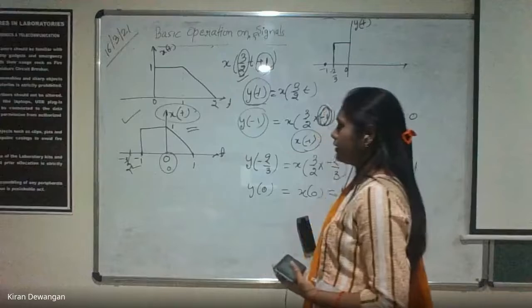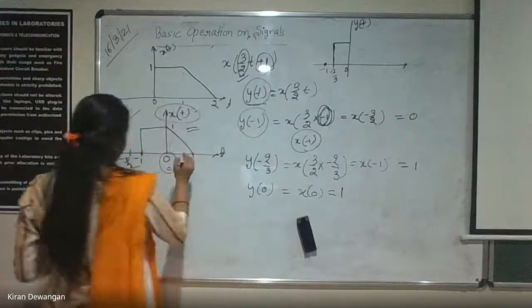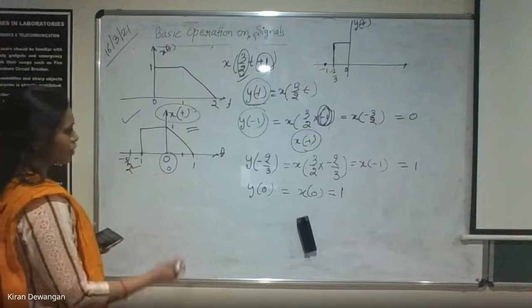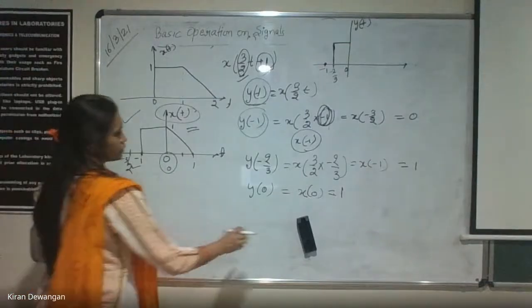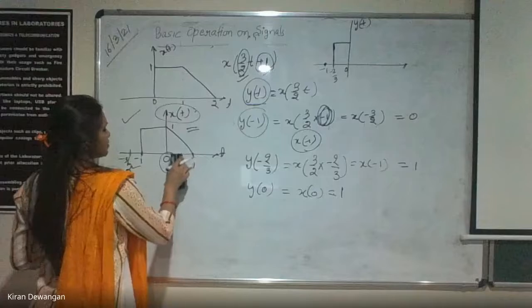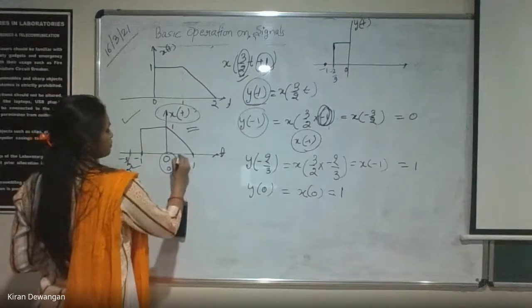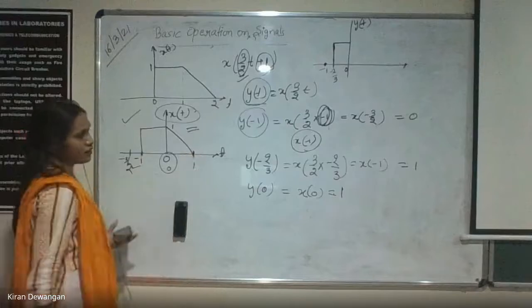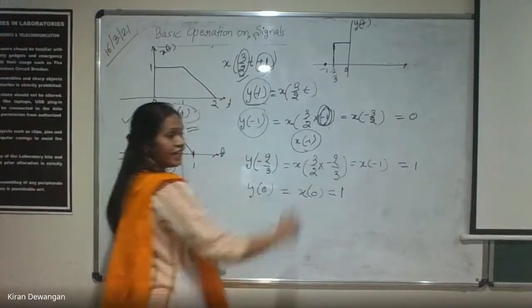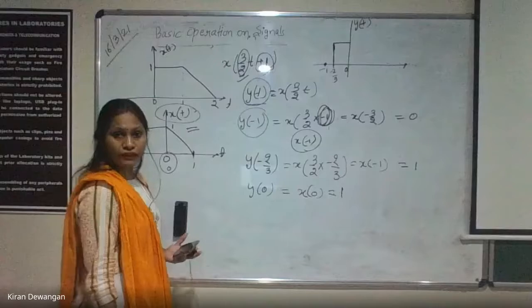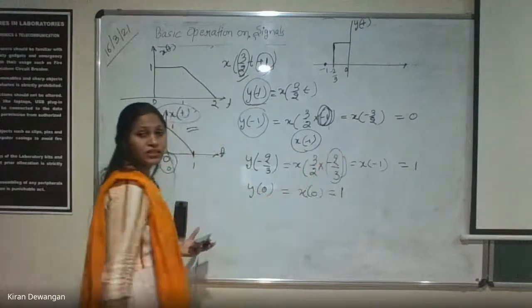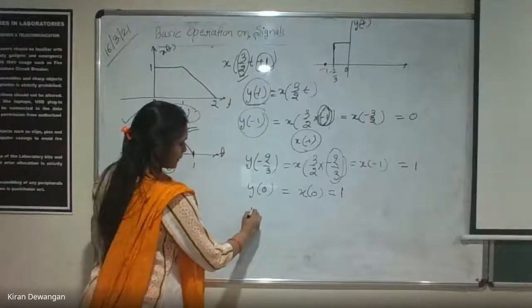Now I have to plot the other one. Let me take an intermediate value. For x of 1, this point, what should be my value of t? It should be 2/3.